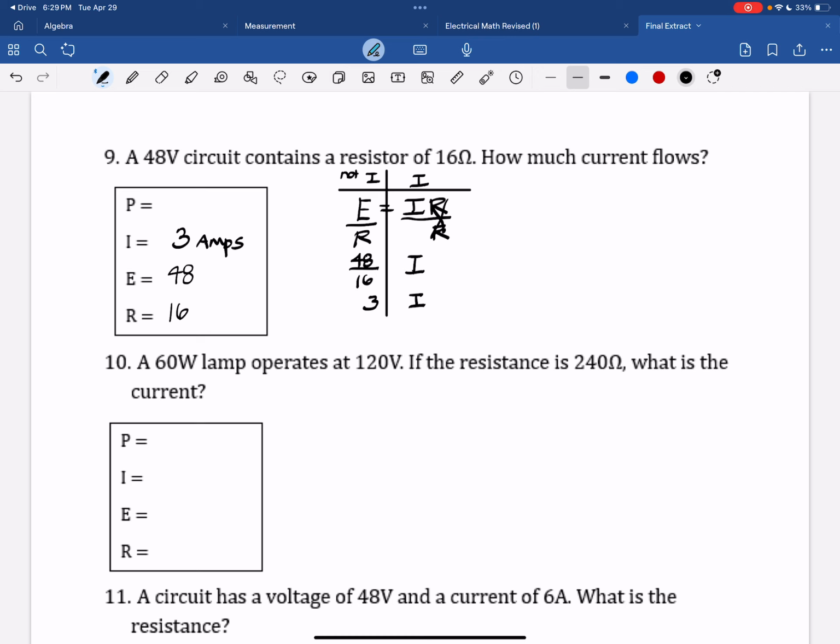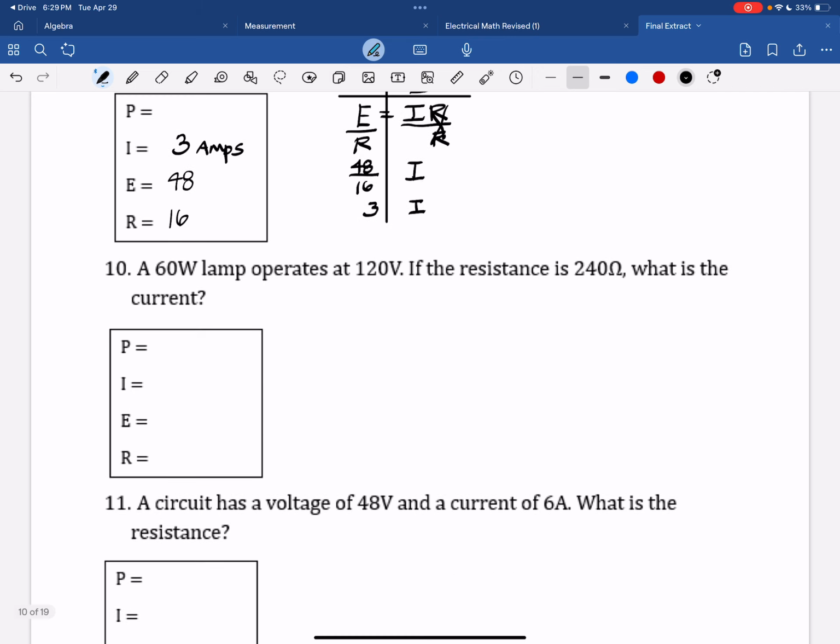Okay, number 10. A 60-watt lamp operates at 120 volts. If the resistance is 240 ohms, what is the current? So we have two choices here. We can use P equals IE.